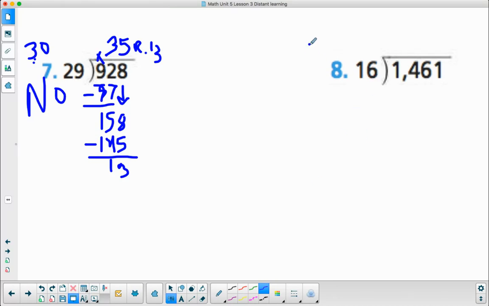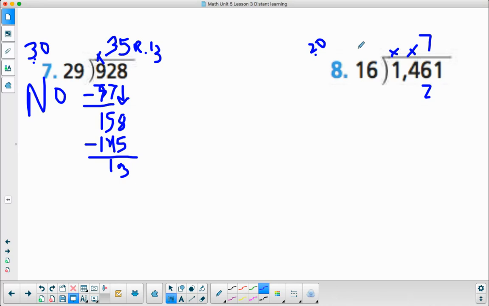16, I'm going to round to 20. 1 does not divide by 16. 14 doesn't divide by 16. How many 16s in 146? Again, no idea. So I'm going to think how many 2s in 14? There are 7. 7 multiplied by 16. 7 multiplied by 6 is 42. 7 multiplied by 10 is 70.